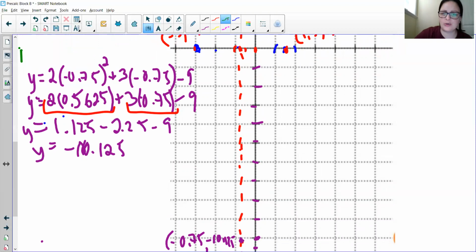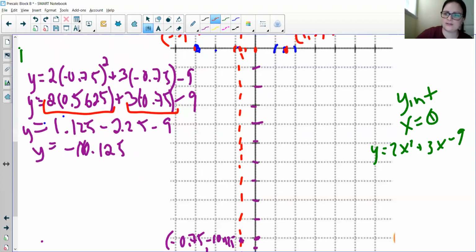The only other thing you can do, especially if you're not very comfortable with sketching, is you could find the y-intercept. Remember, the y-intercept happens when x equals 0. So we have y equals 2 times x squared plus 3 times x minus 9.